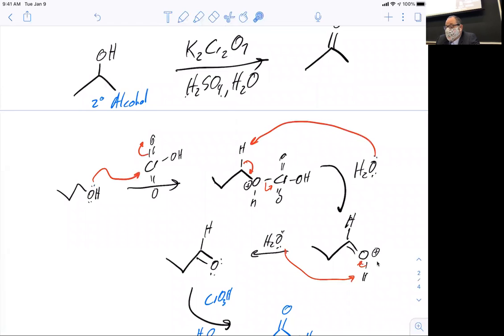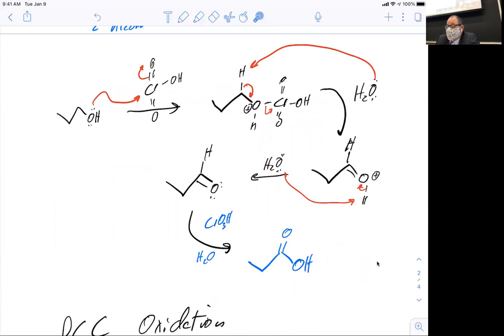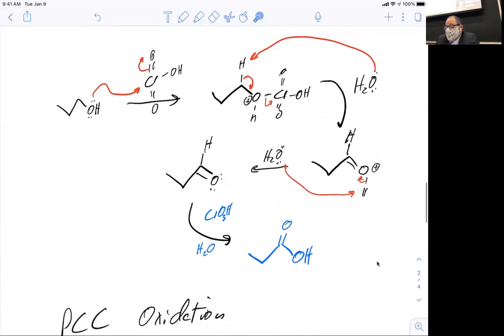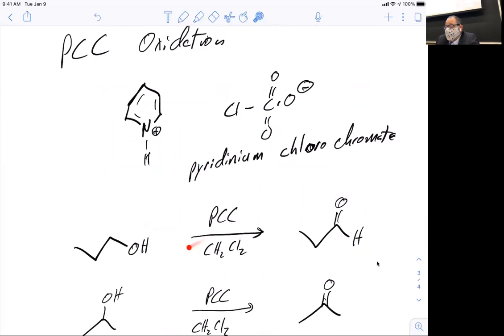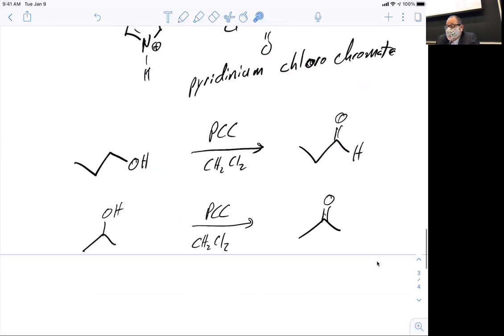We get the aldehyde, but in water, it'll go all the way to the carboxylic acid. So to stop it at the aldehyde, what we do is use pyridinium chlorochromate, which will give us all the reagents we need for the reaction, but without water, right? That's what this signifies, is the dry reagent. And so primary alcohols go to the aldehyde, secondary alcohols will go to the ketone.